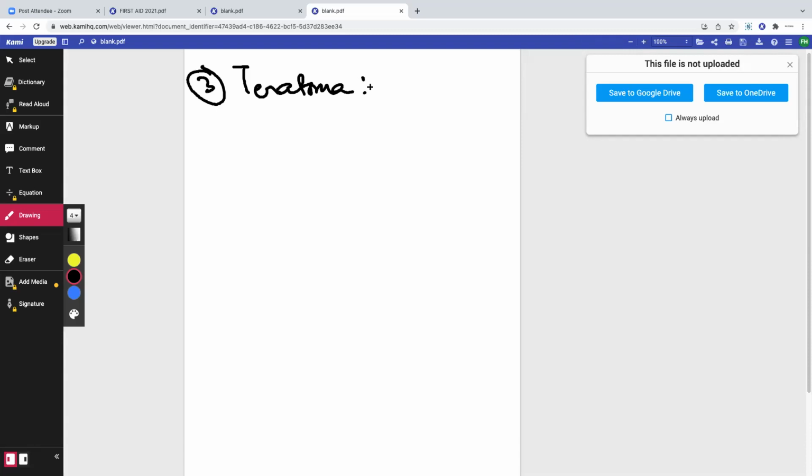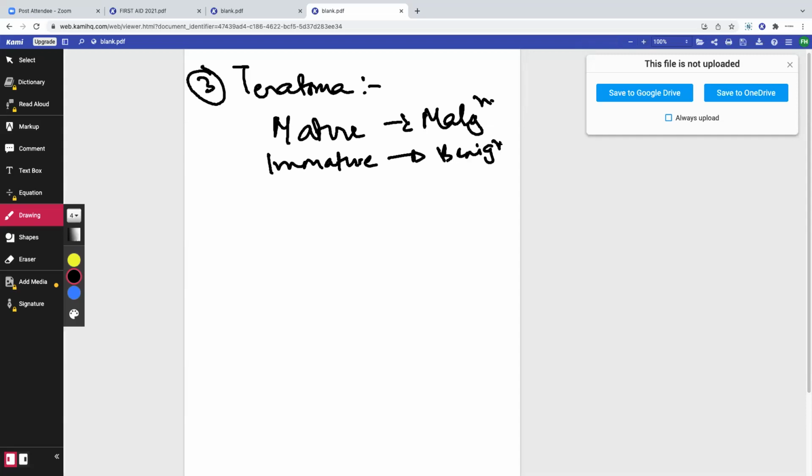But in males, mature teratomas are malignant. Just the exact opposite. And immature teratomas in females are malignant, but in males, they could be benign. Have I made myself clear? Yes, males are always opposite.